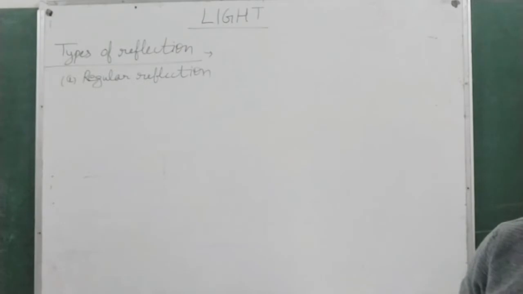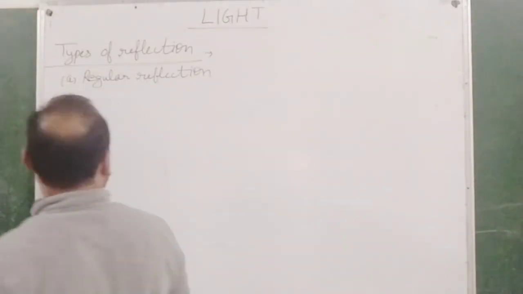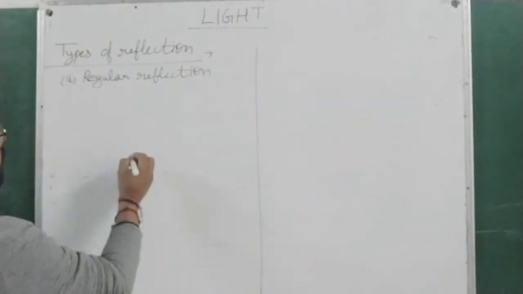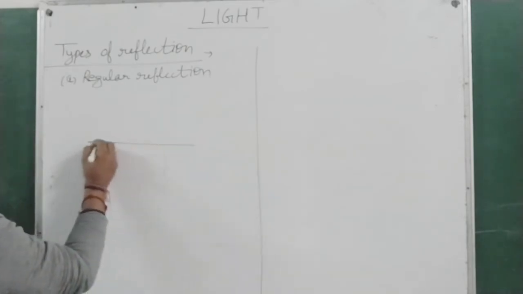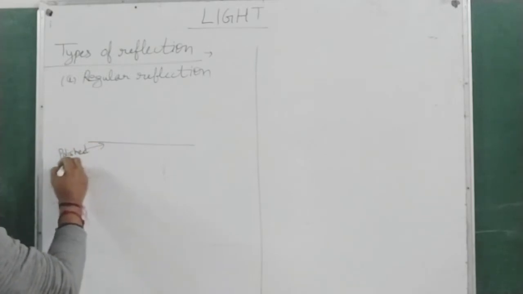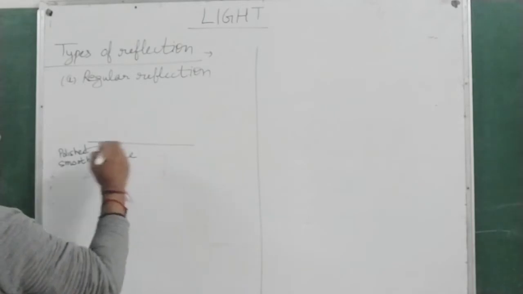That is known as regular reflection. So what happens in regular reflection? We can mention on the same page like this. What happens actually in a regular surface, that is the highly polished smooth surface we are using?